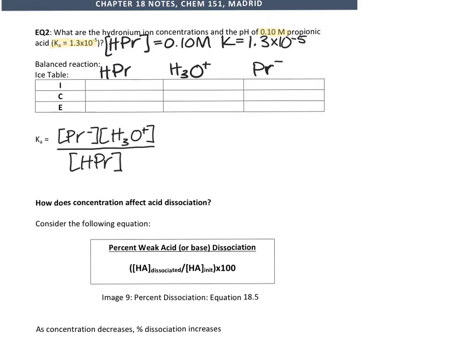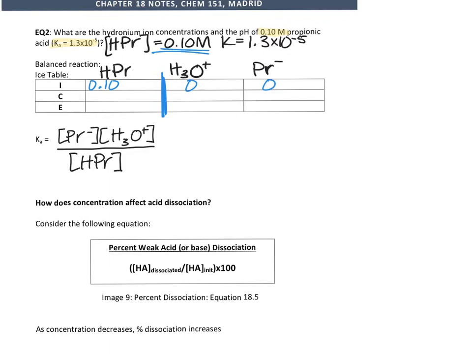Okay, so let's start filling in our ice table. Let's get crazy with some colors. All right, propionic acid is given as 0.10, so 0.10. Hydronium is 0 and propionate is 0 because remember, at the beginning, before a reaction occurs, there are no products.